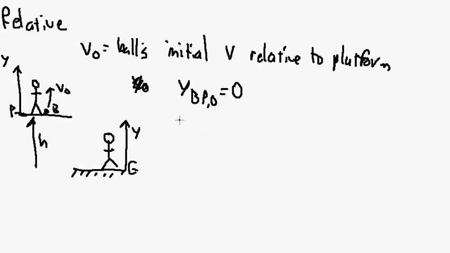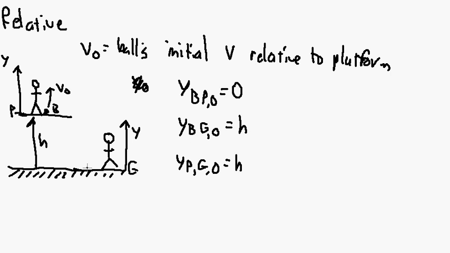The position of the ball in the ground frame initially was h, and the position of the platform with respect to the ground at time 0 was also h. The platform is h off the ground. And the ball was starting on the platform, so y ball platform was 0, y ball ground was h, y platform ground was h.